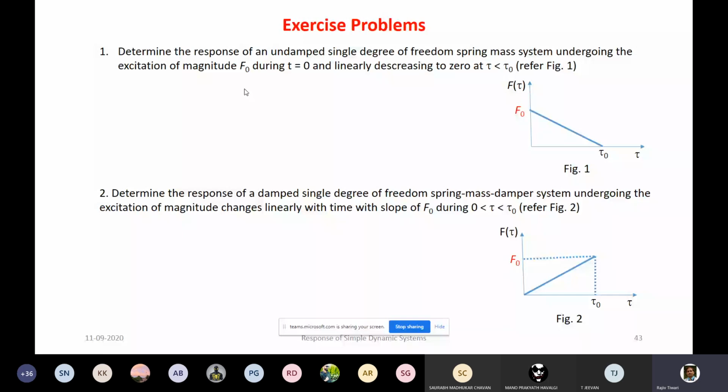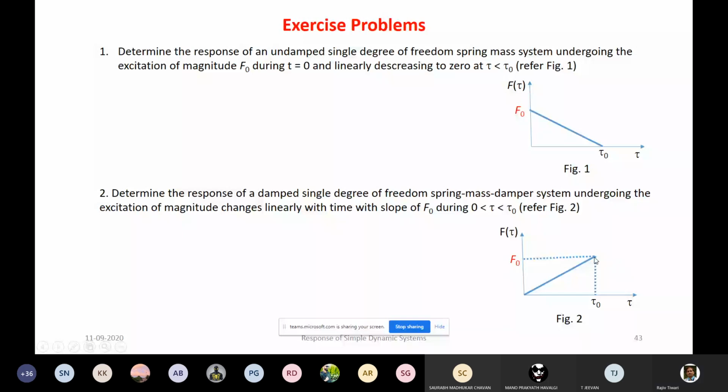So the first one is a single degree of freedom undamped case. The force is waning like this. At t naught it becomes 0, at t equal to 0 it is F naught. So it is varying linearly, or it is decaying. And in the second case, it is linearly increasing up to t naught.